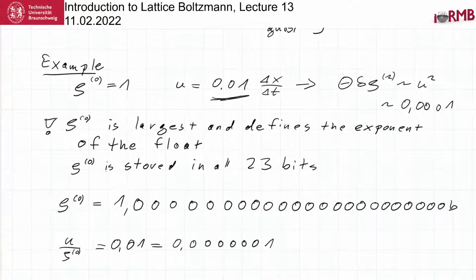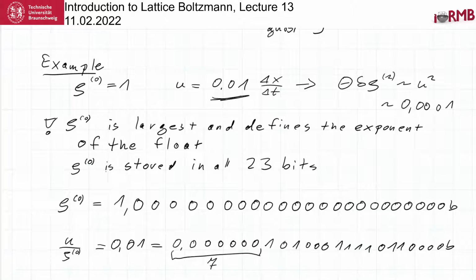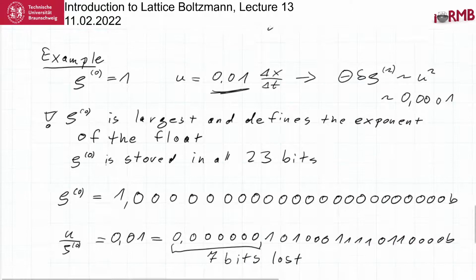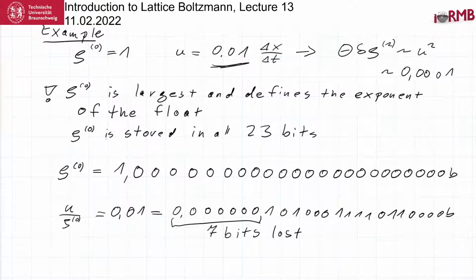And then we have 1, 0, 1, 0, 0, 0. I have to count again. 1, 1, 1, 1, 0, 1, 1, 0, 0, 0, 0, binary. So this is how we store the velocity in the floating point number. And here we see we already lost 7 bits. 7 bits are lost due to the fact that we are storing the velocity together with the density.